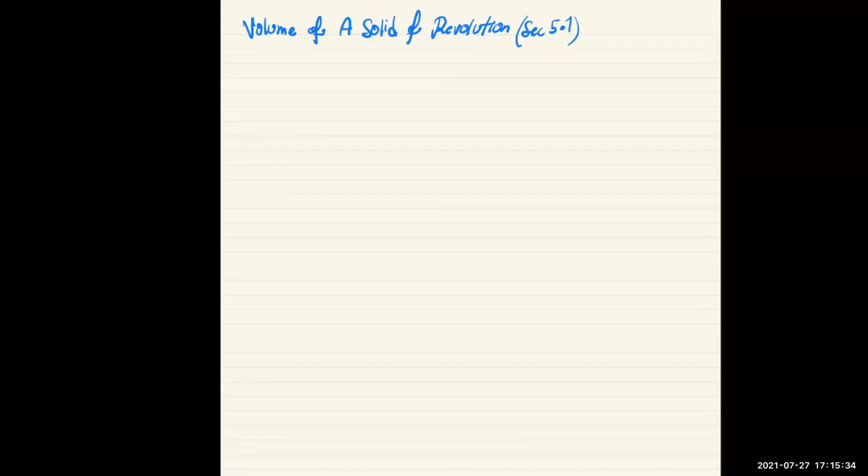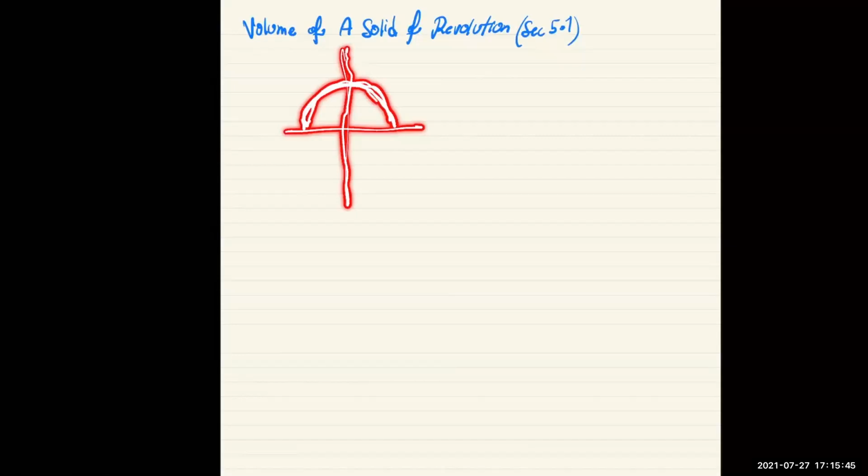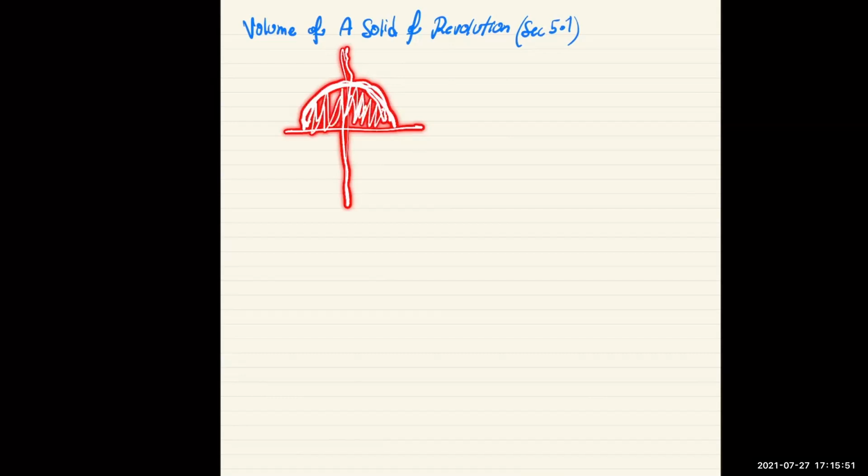To create a ball, what we do is we take a semicircle, or the region bounded by the semicircle, this region. And we are gonna revolve that around the x-axis.